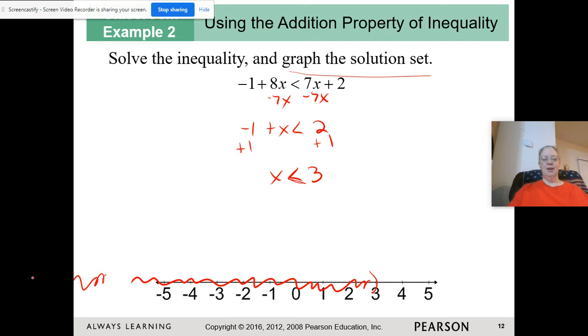Since my shading on the left goes out to negative infinity, that goes on the left, always. The shading stops at 3, so I put 3 on the right, parentheses, and infinity always gets parentheses. So there is my interval notation.